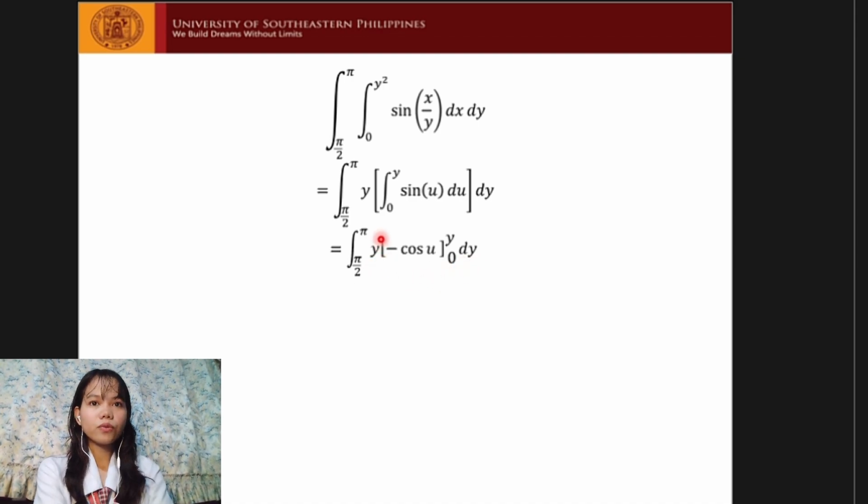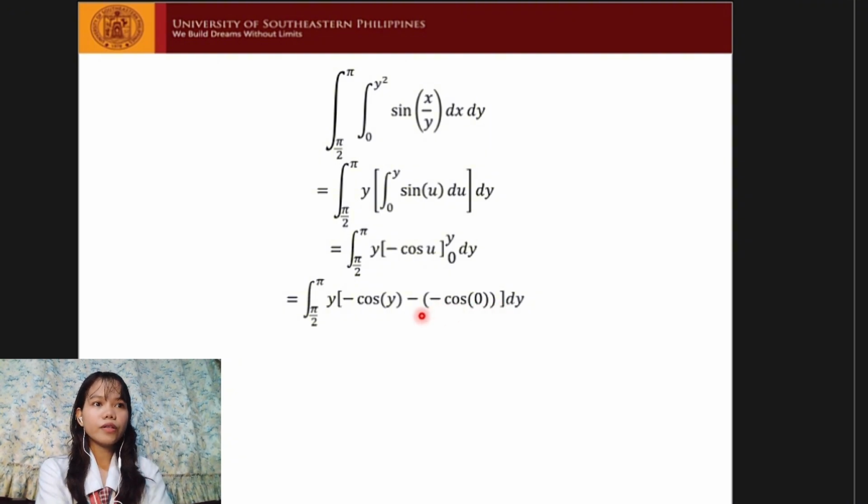So to evaluate this integrated function with respect to du, we will have to substitute the upper bound minus the substituted lower bound. So what we have right now is the integral of y multiplied to negative cosine of y minus the negative cosine of 0.